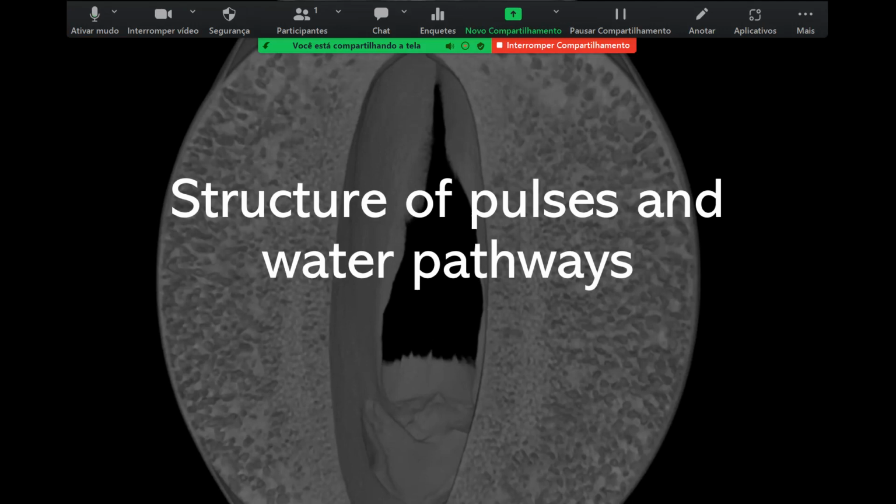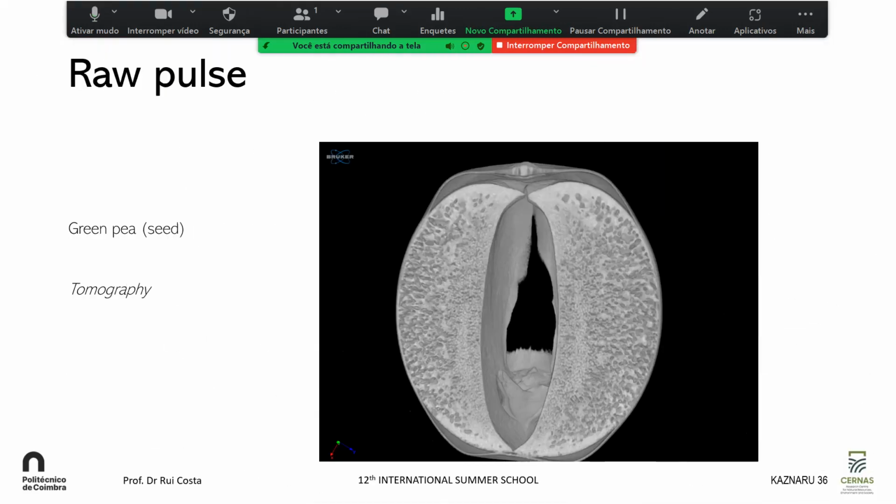So for this, we need to look at the structure of the pulse and how it enters. Let's look at the raw pulse. This is a green pea. This picture was obtained by tomography. And you can see here the green pea has a seed coat, this is skin, and it has two cotyledons, okay, one here, another here.